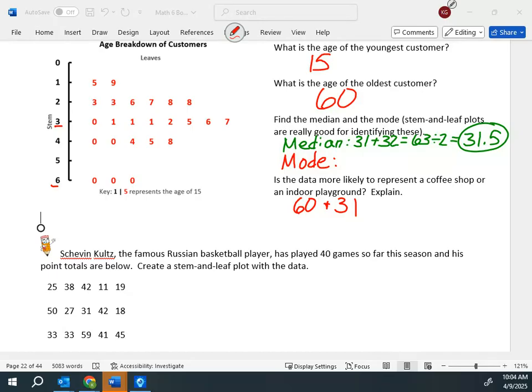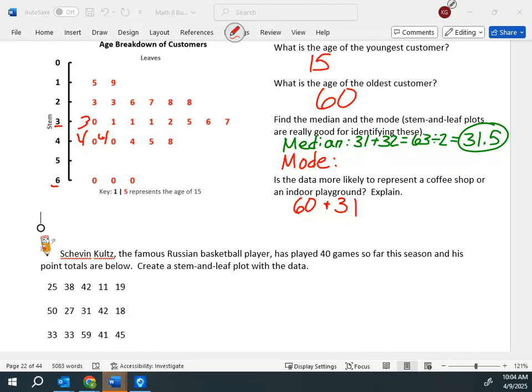So 0. 0 is my most. Why would that be wrong? James? Because they didn't add the 6 or the 3. Yeah, they didn't put those stems in there. That's not 0, that's 30. That's not 0, that's 40. You have to put the stem in front of it to really look at the most.